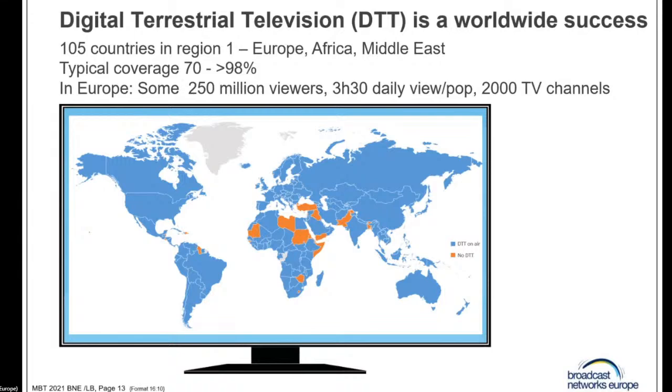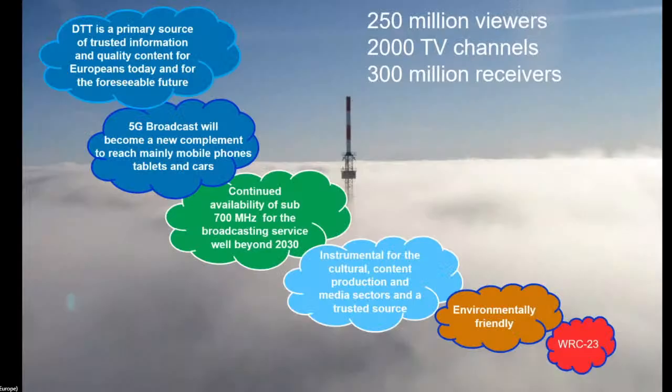And in Europe, we have some 250 million viewers with a daily viewing time of on average more than 3 hours per person, with 2,000 TV channels. So to conclude, I think that DTT is the primary source of trusted information and quality content for Europeans today and for the foreseeable future.